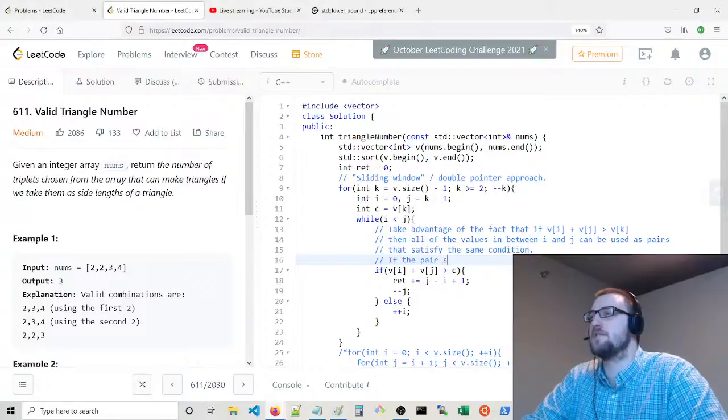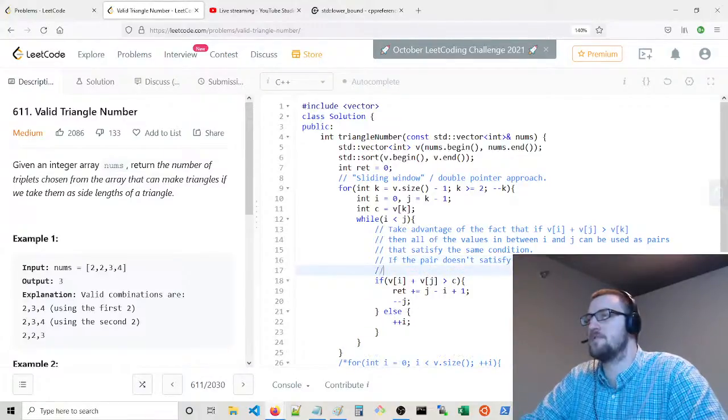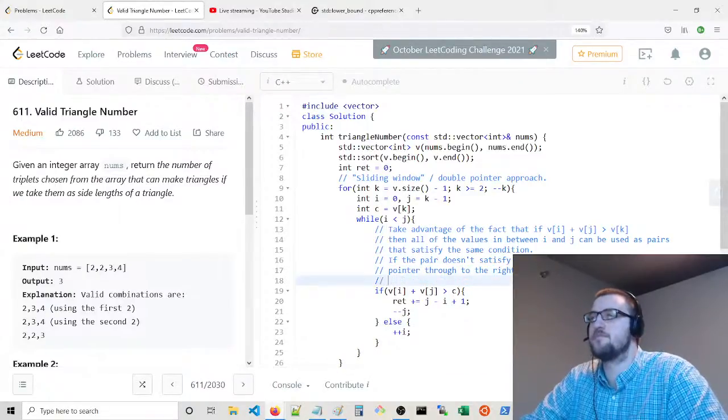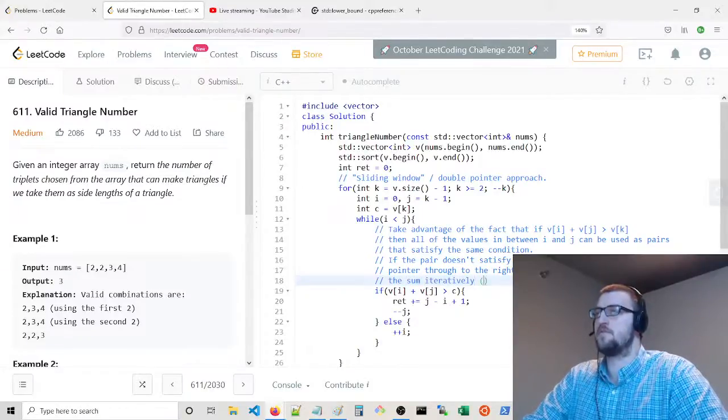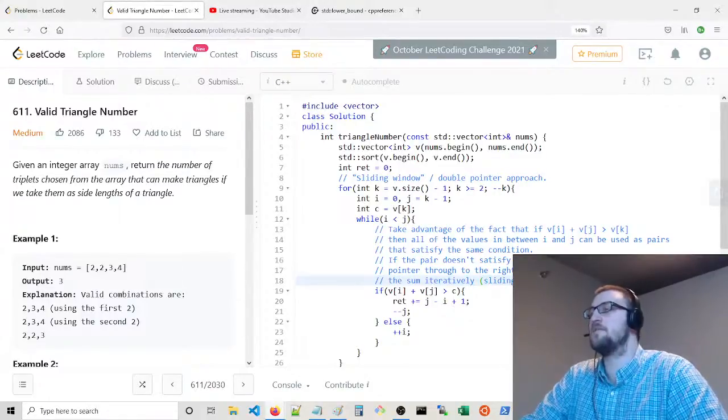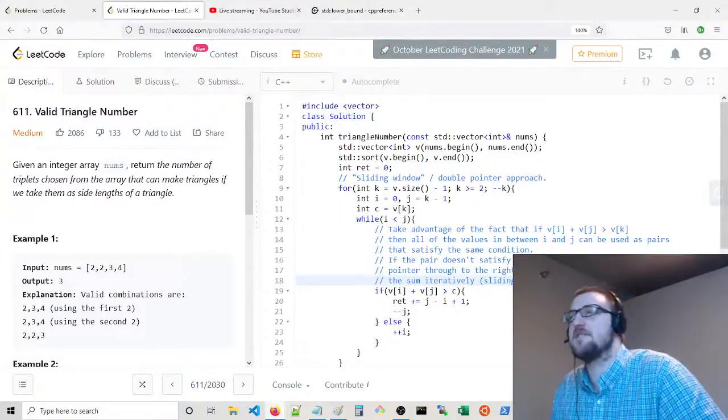If the pair doesn't satisfy, slide the left pointer through the window. Slide the window up, I guess, or down, however you want to view it.